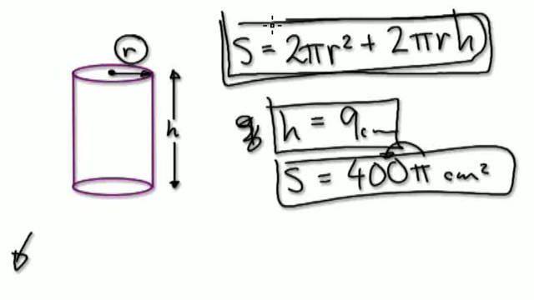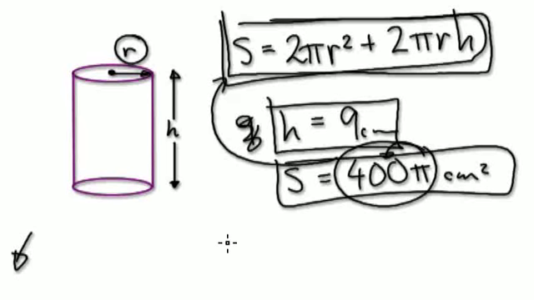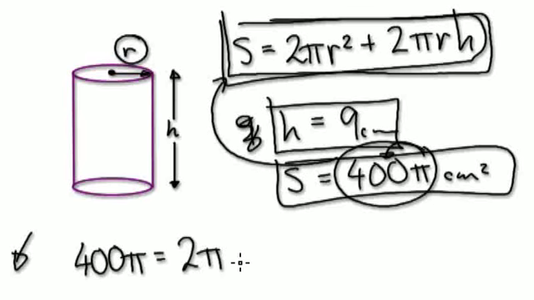This here is a formula for the surface area, and you've been given the surface area as this. So let's put this into this formula. It would be 400 pi equals 2 pi r squared, plus 2 pi r h.